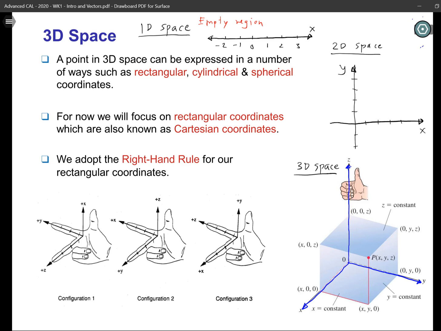Now, we have these empty regions. Then, usually we want to put something, right? We don't want to leave it empty. We want to put something in the region. So let's put something in there. What about we put a point in the region? I'm going to put a point right here in the region. Maybe right here, empty region.